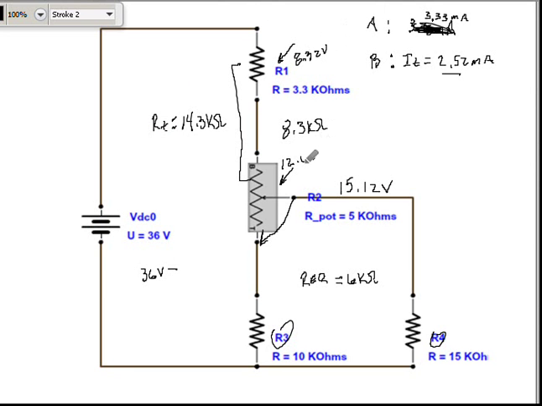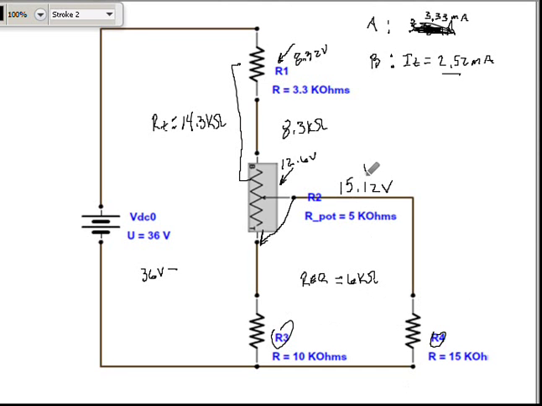Okay, if I add all those up, 27.7 plus 8.3, that looks like about 36 volts to me, so I know I've got my voltage drops right. Now I know I've got to split 2.52 milliamps across these two guys.